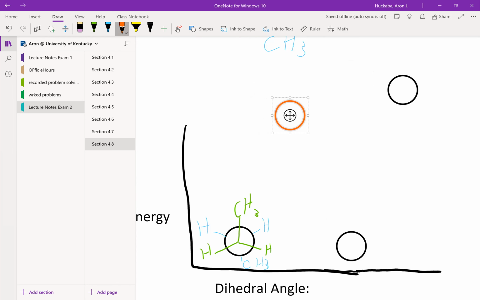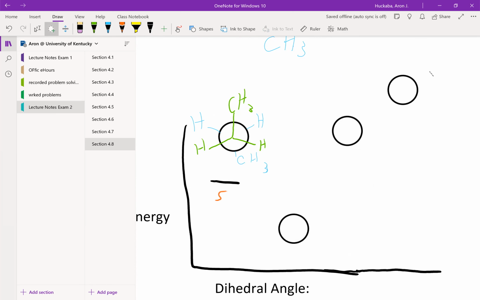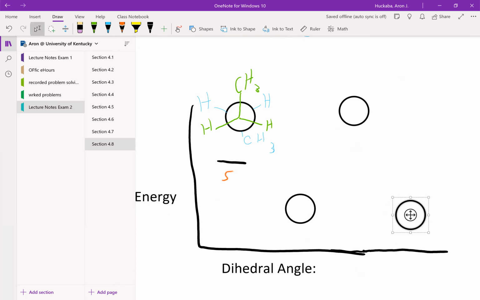So now we could say our staggered conformation is here. Actually, why don't we move this one from the bottom here? We're going to move them all around. Do a little shuffle. There we go. Okay, so let's say that we then twist 60 degrees to get an eclipsed conformation.